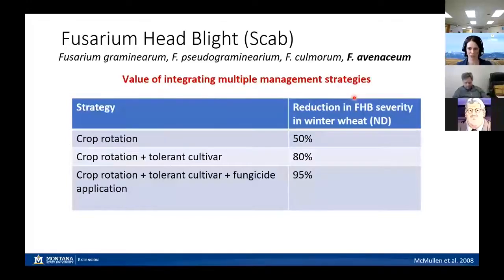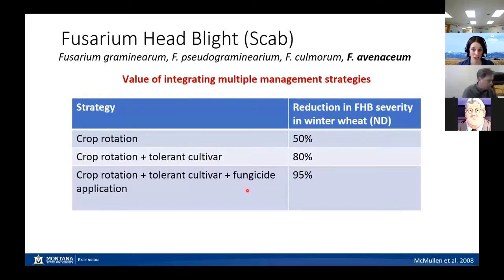Okay, my last point, and then I'm done for sure, goes out to integrated pest management. And that is that combining more than one management strategy of those that I listed for Fusarium head blight has been shown scientifically to increase control of Fusarium head blight. There was a study done by Marcia McMullen in North Dakota who showed that applying crop rotation and choosing a tolerant cultivar reduced the severity of Fusarium head blight in winter wheat by 80%.